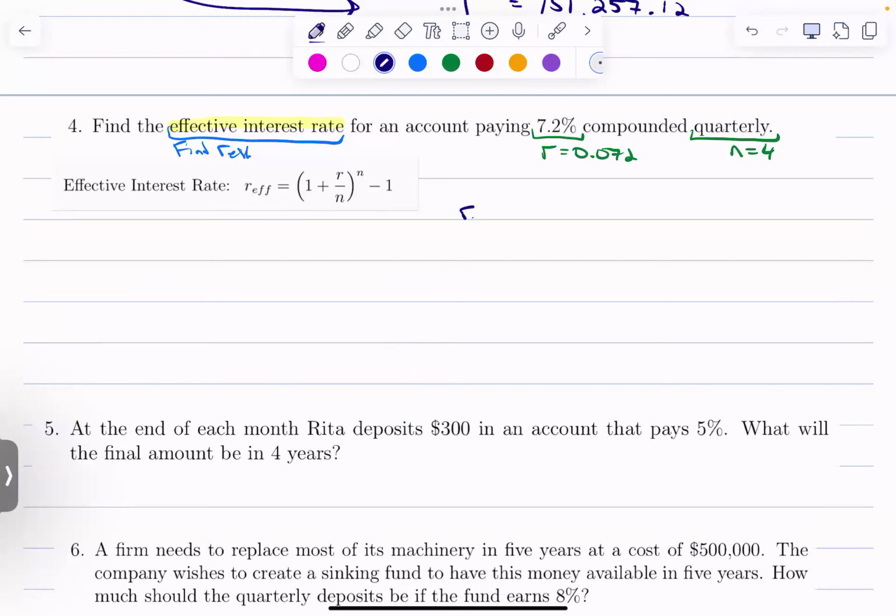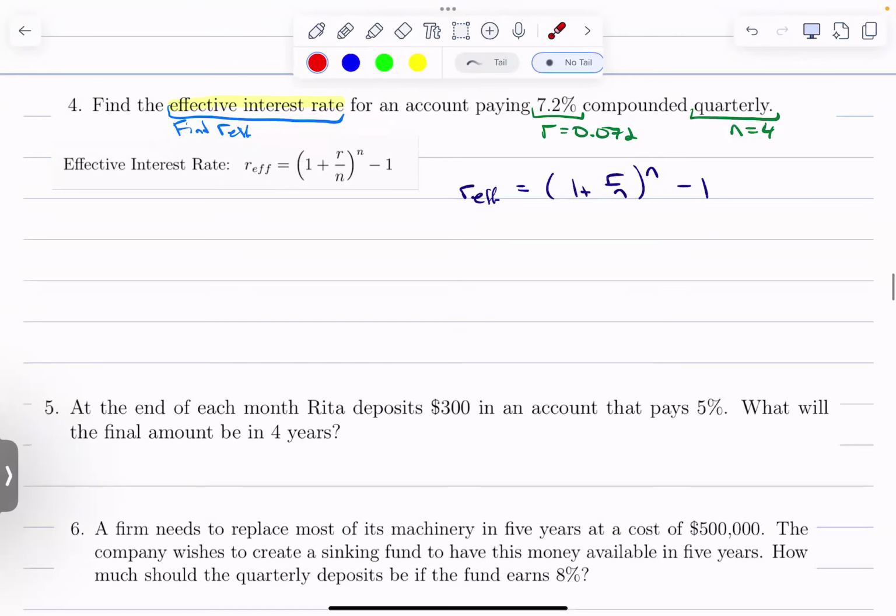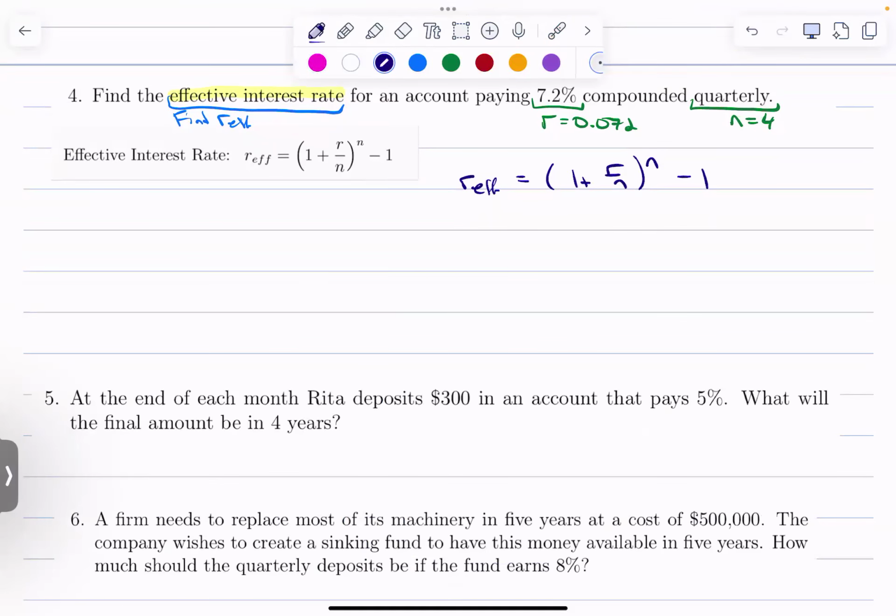So the effective interest rate is (1 + r/n)^n, then minus 1. You don't want to forget this minus 1. Otherwise, you'll have rates of 100 and some odd percent, 107%. And that's a lot. And it wouldn't be right.